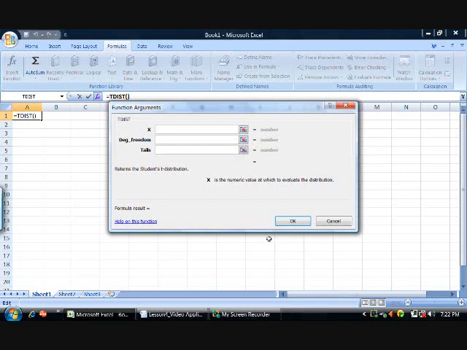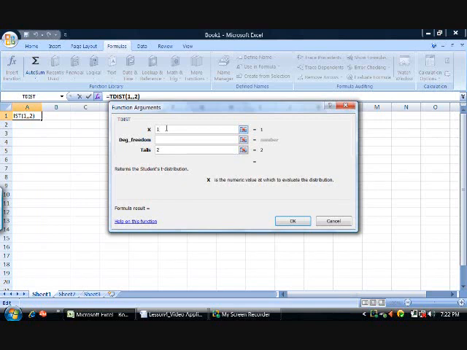The way you do this one, we want to put area in both tails. So I'm going to do a two-tail t-distribution. We want a t that is plus and minus 1.